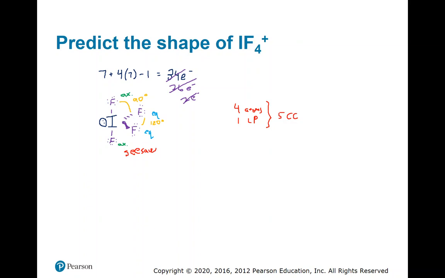However, one of these charge clouds is a lone pair, which means it's going to contract some of these bond angles. So this angle here is probably going to be a little bit less than 90, and this one will be a little bit less than 120 degrees. But the bond angles will be pretty close to those two values. Okay, so that's that example.